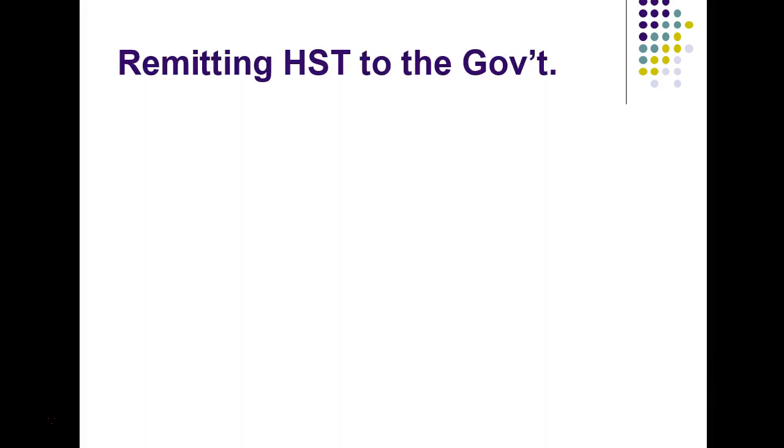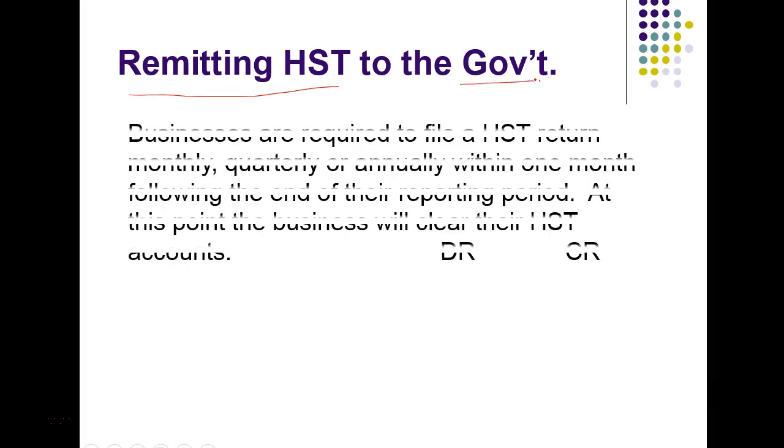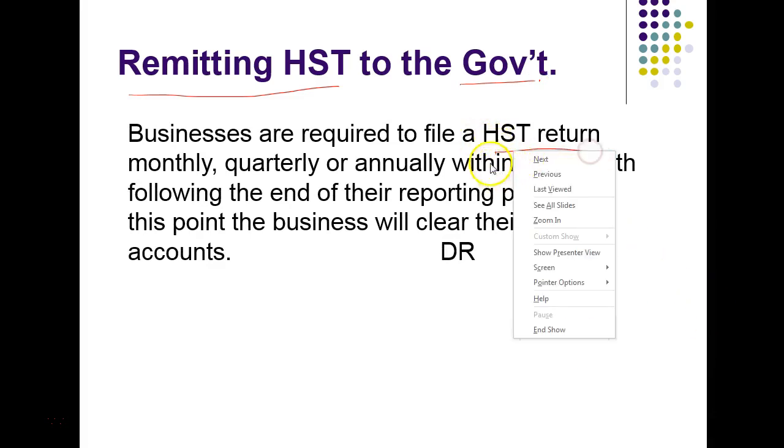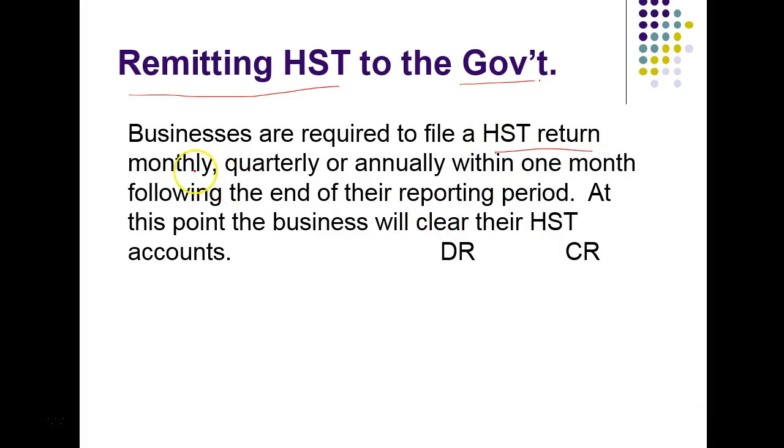Now, at the end of the month, or the end of the quarter, or the end of the year, the business is required to remit the HST to the government. How do we do that? Well, we need to file something called an HST return. We need to file an HST return either monthly, quarterly, or annually, and we must file it within 1 month of that reporting period.